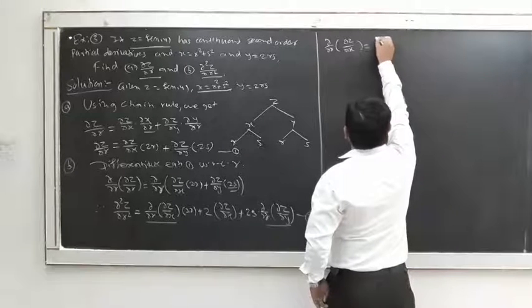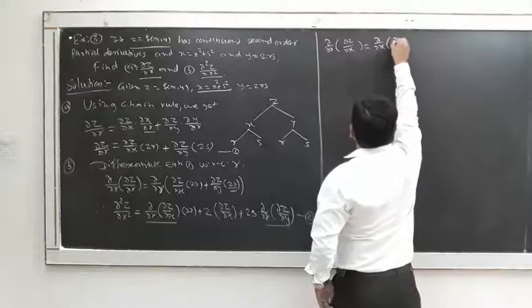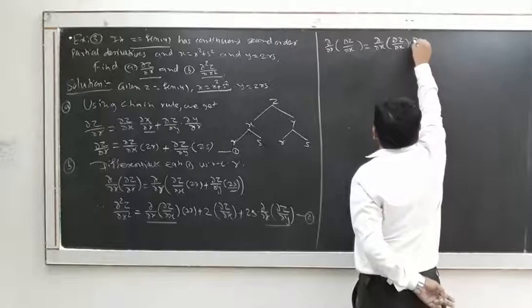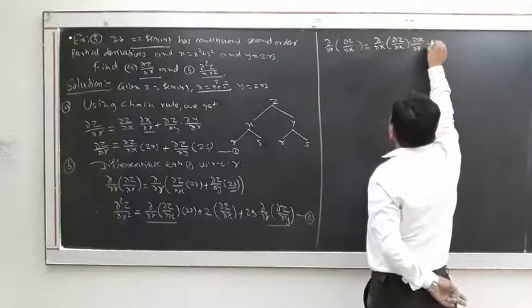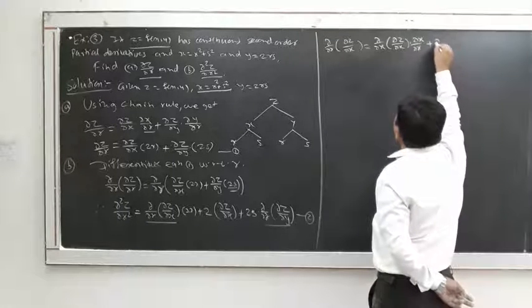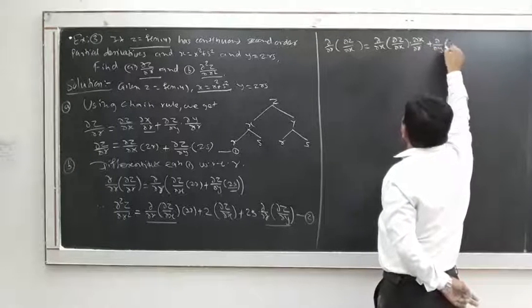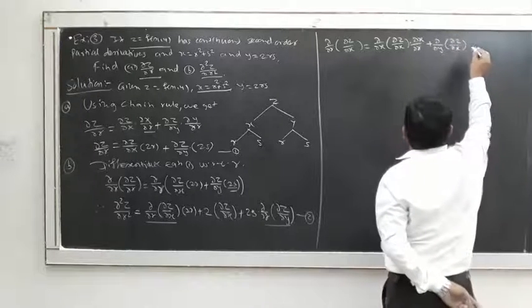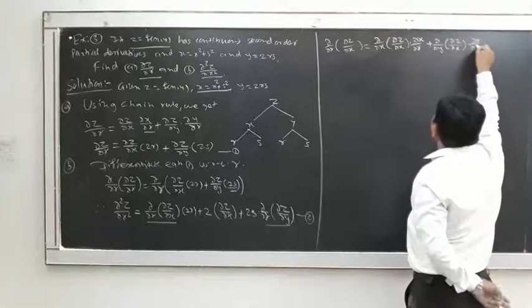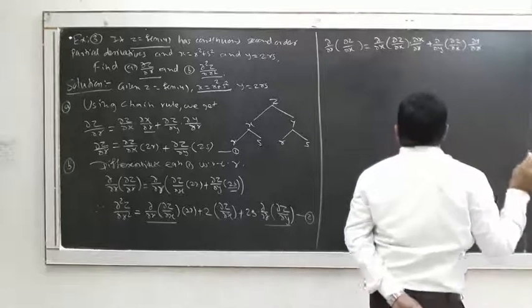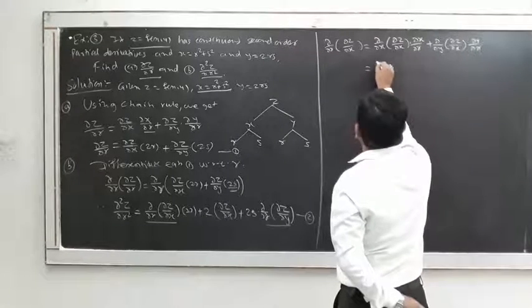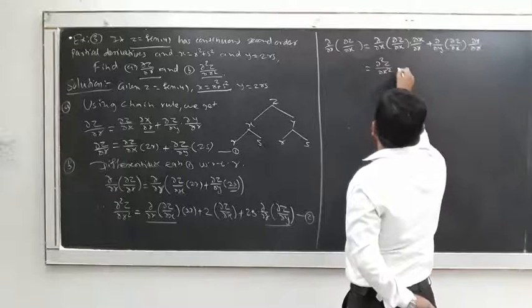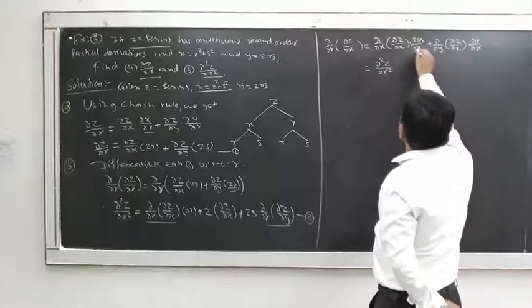It is equal to ∂/∂x of ∂z/∂x into ∂x/∂R, plus again this is a function of y also, so ∂z/∂x into ∂y/∂R, and it should be ∂²z/∂x² into what?